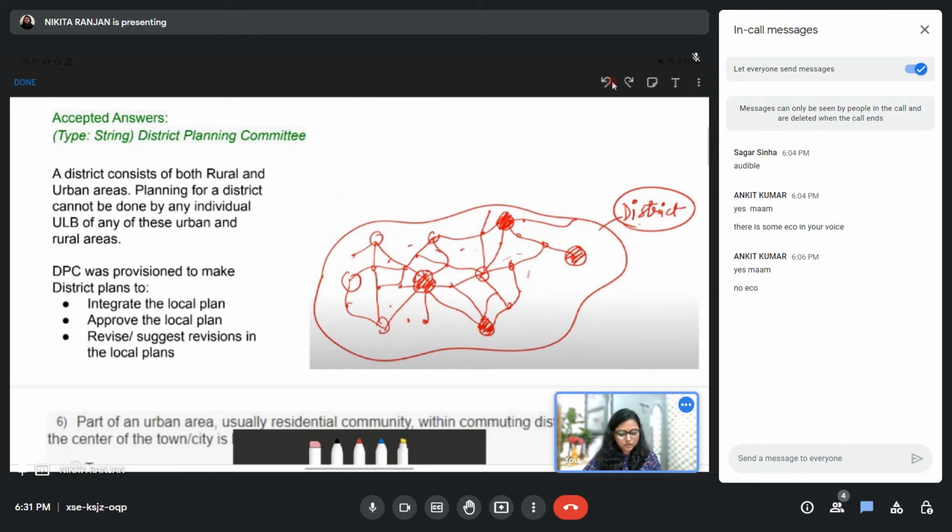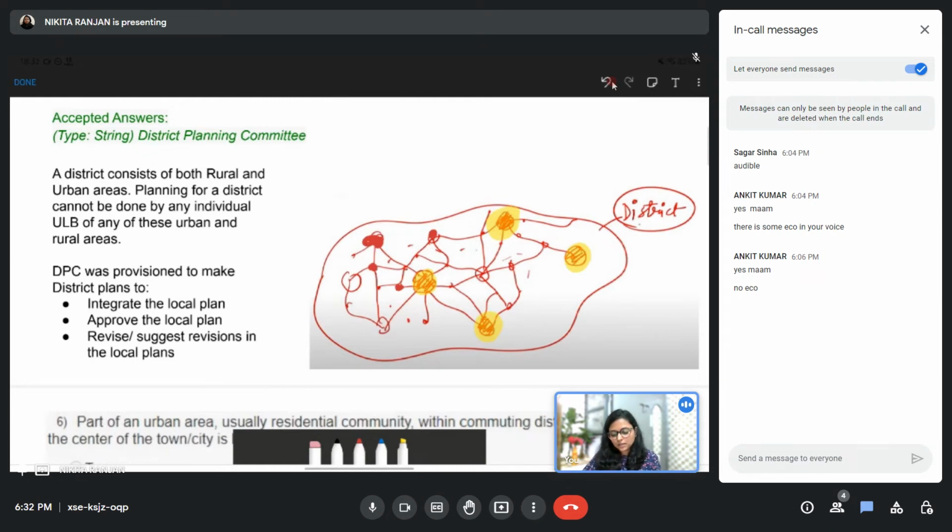So as you know, a district is a larger area which might have several urban areas, cities or towns, and then rural areas as well. These might be connected with each other and they would be a part of a district.